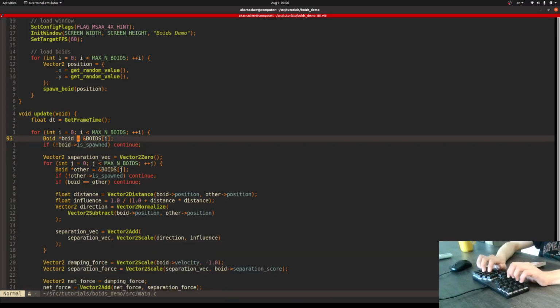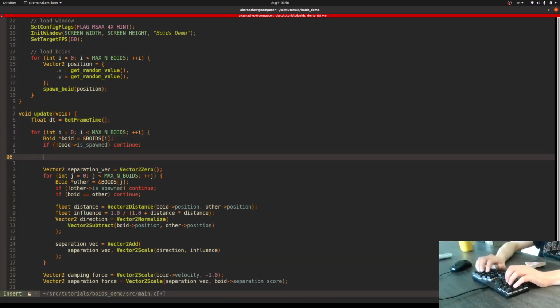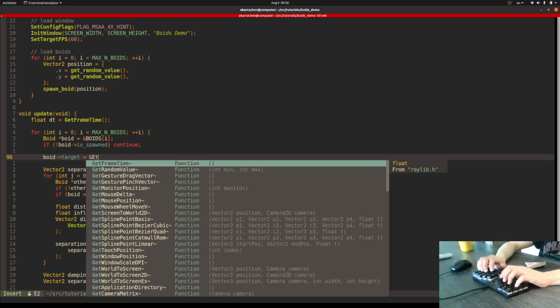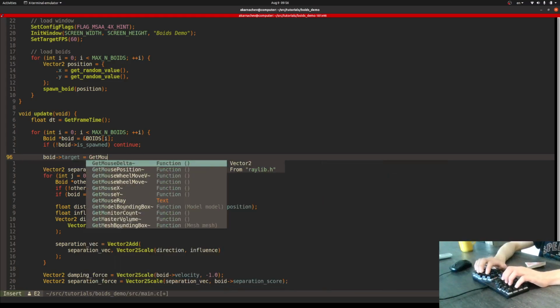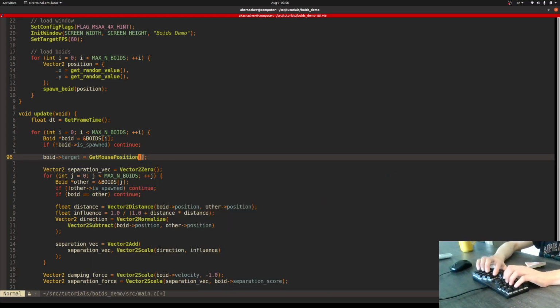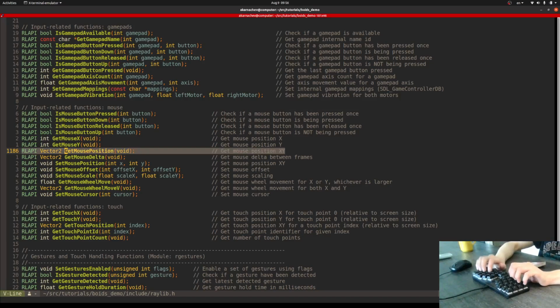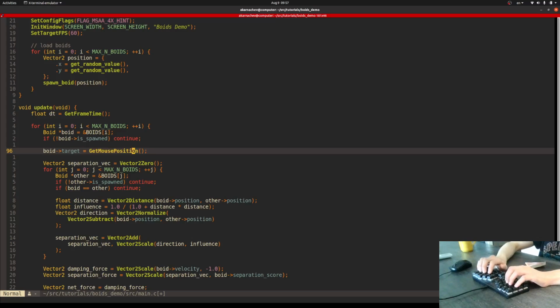update step, I will set target equal to just the mouse position, get mouse position. But the mouse position is in screen space, and we are already working in camera space. As you remember, we introduced a camera, and we need to transform the screen position to the world position.